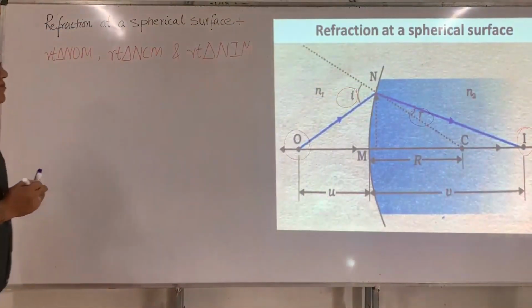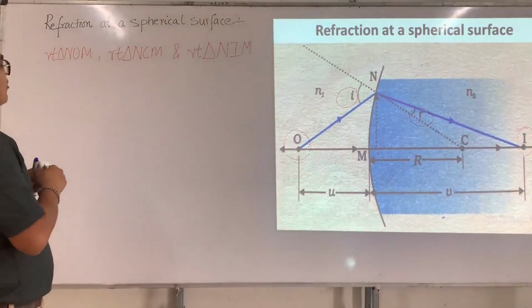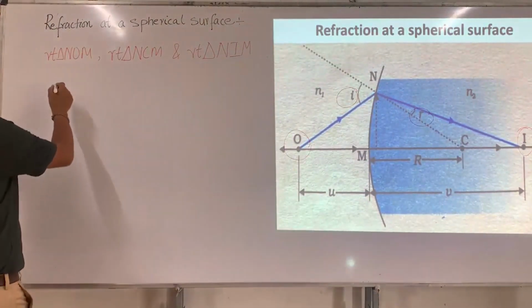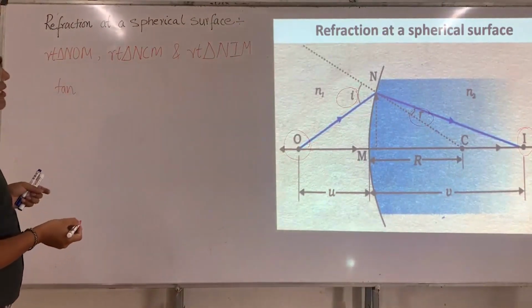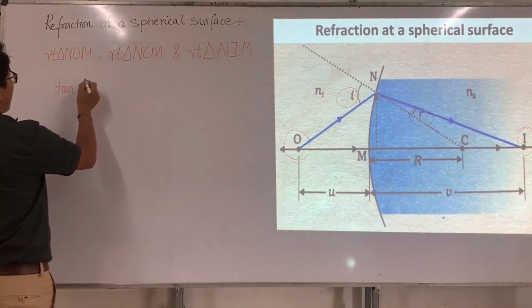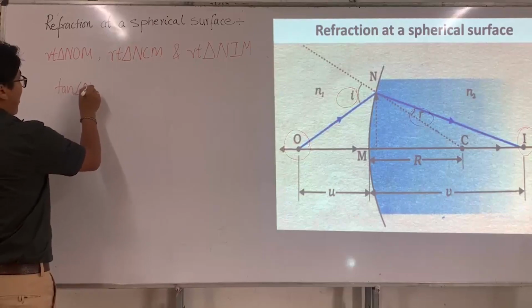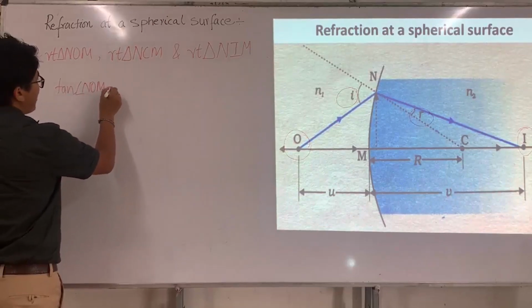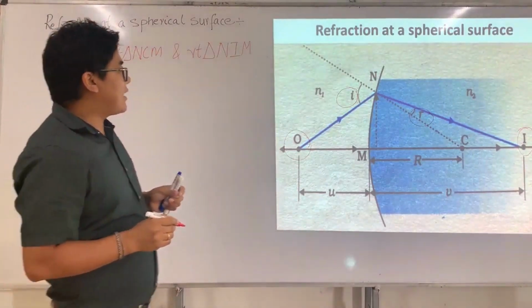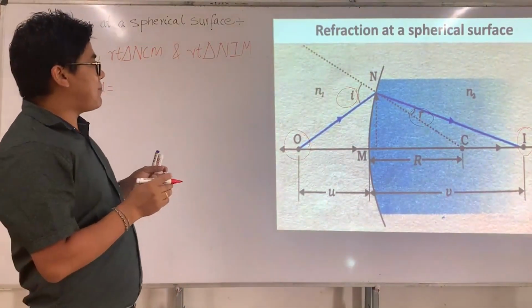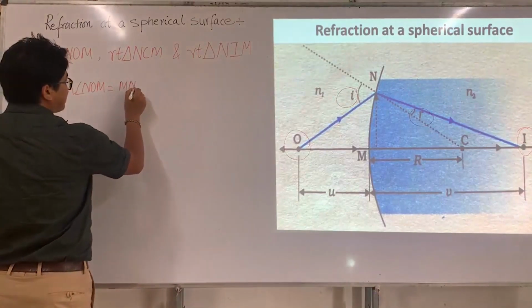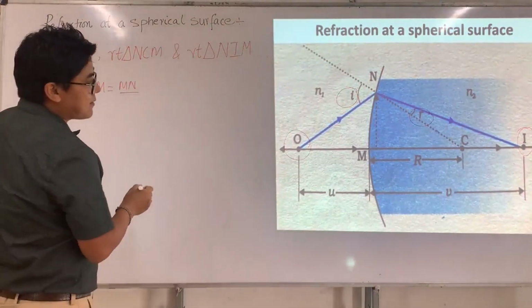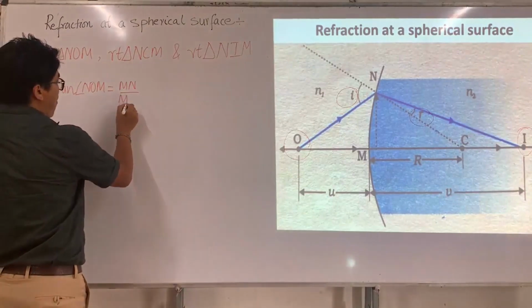Now, since it is a right triangle, I say tan of angle NOM is equal to perpendicular divided by base. Perpendicular is MN divided by the base, which is MO.